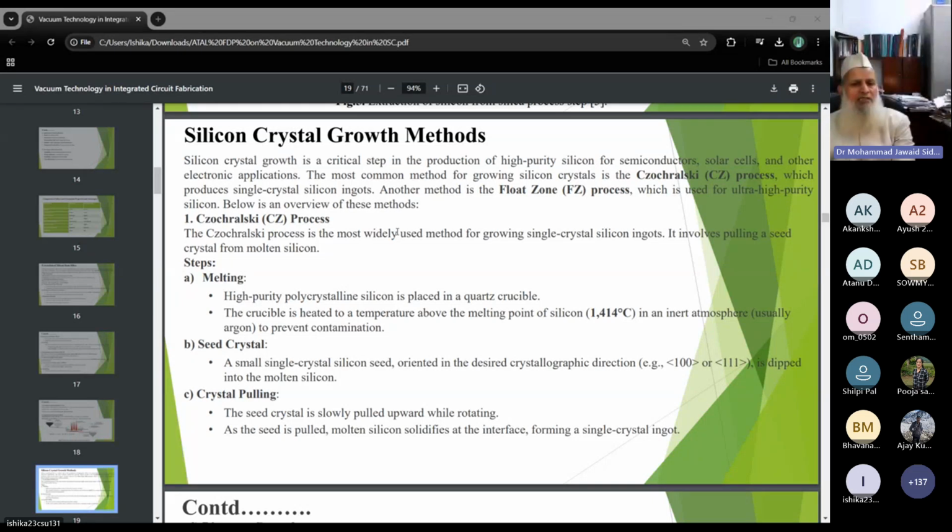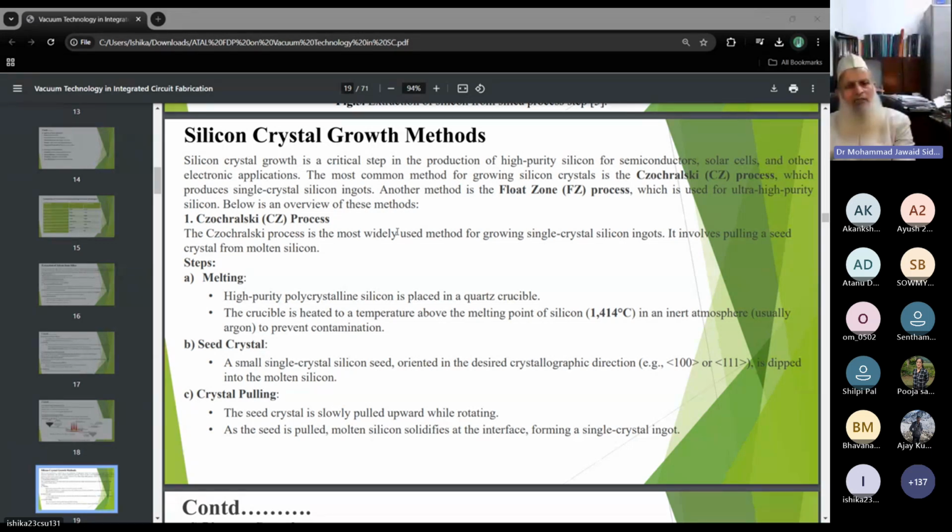These single crystal silicon are grown by different methods: the CZ, the Czochralski method, or the float zone method, that is known as the FZ process. Silicon crystal growth is a critical step in the production of high purity silicon for semiconductors, solar cells, and other electronic applications.